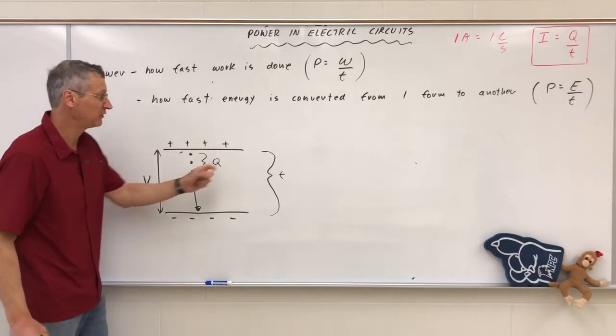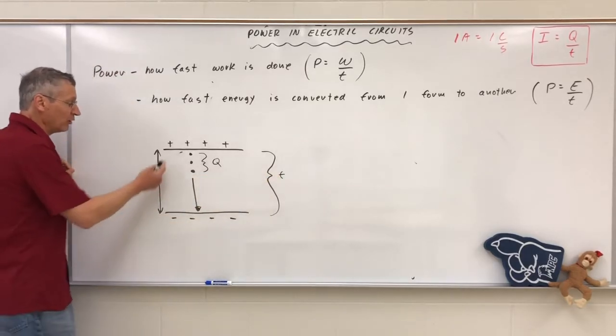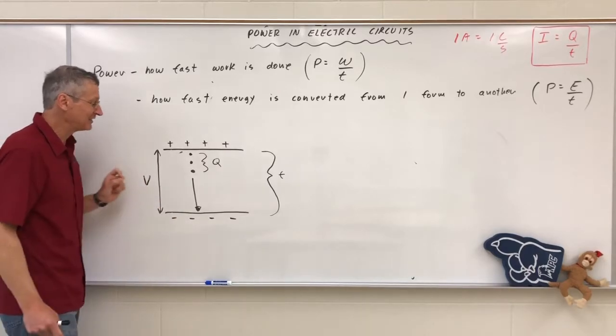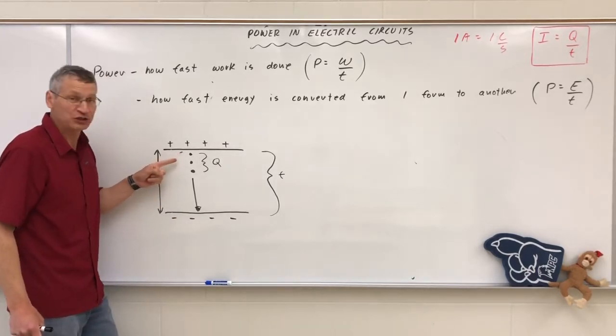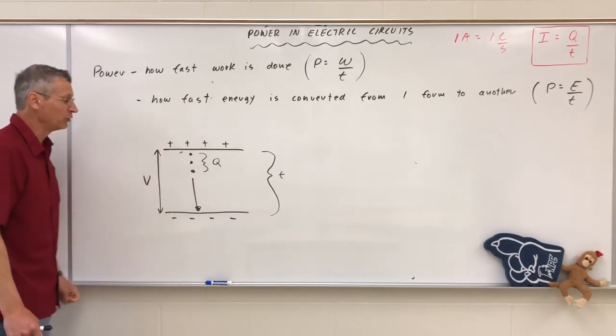Let's say it takes us some time t to do that. The potential difference, or the voltage we drag them through, is V. And the total charge of all these little charges is Q.